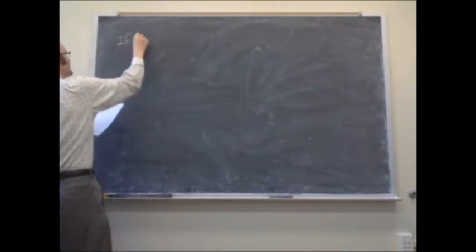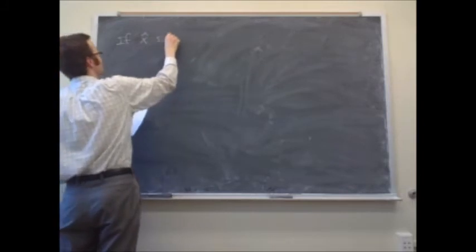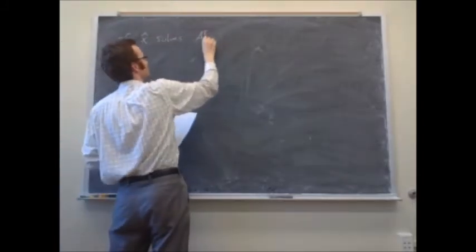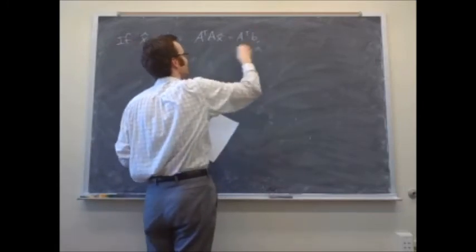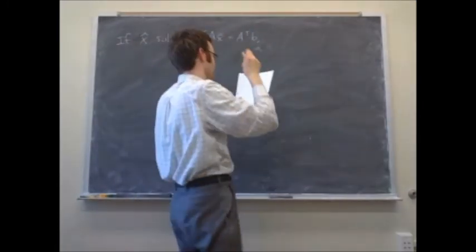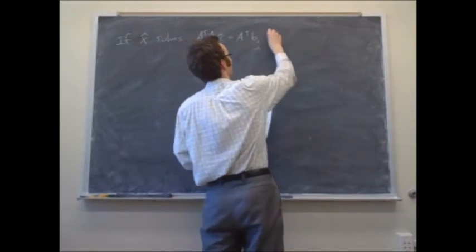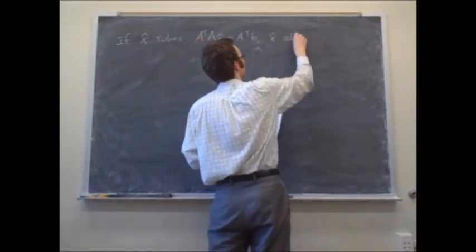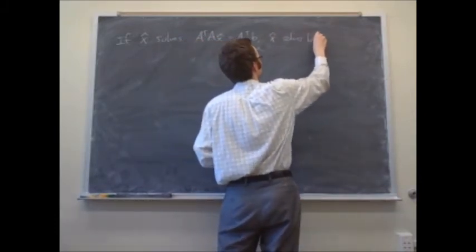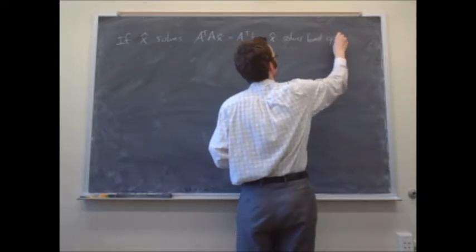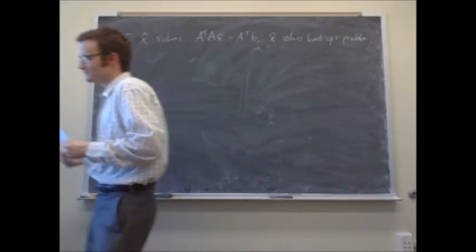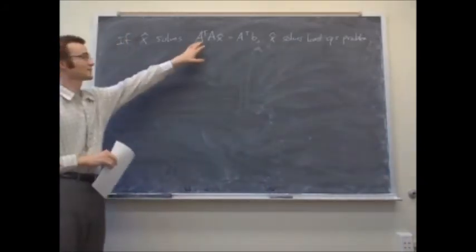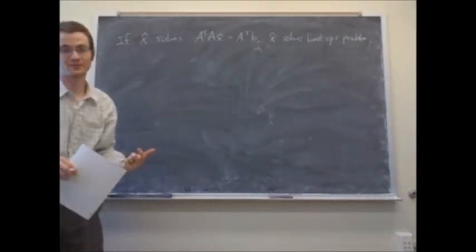Let's write this again. If x hat solves A transpose A x hat equals A transpose B, then x hat solves the least squares problem. What we just said. So it turns out that A transpose A, of course, might not be invertible.